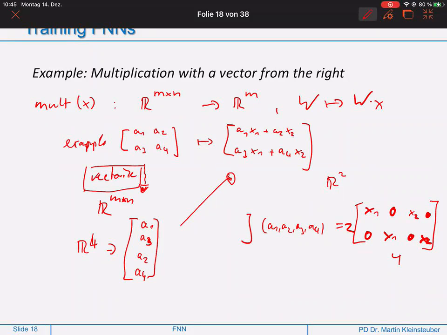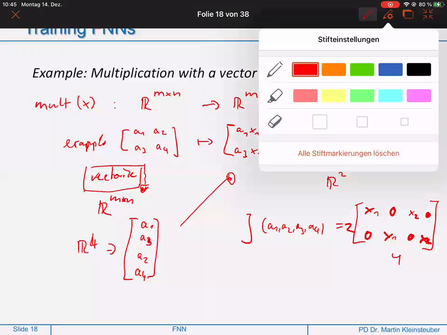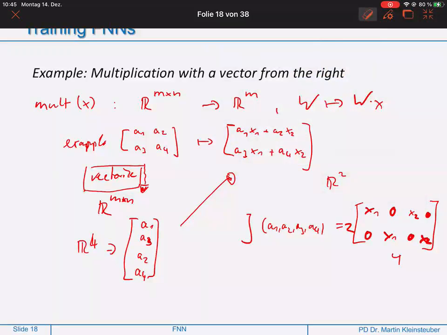If it helps you, then we can write it in that way. X is a parameter of the function, but it's not the argument of the function.